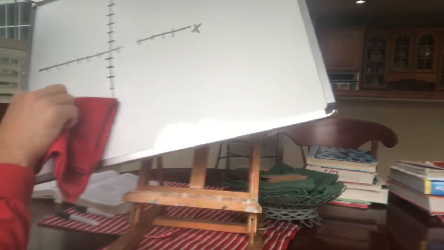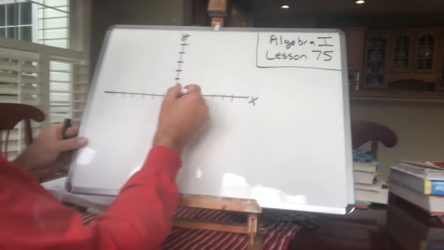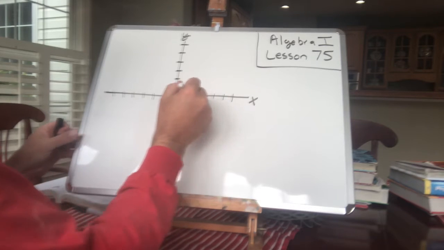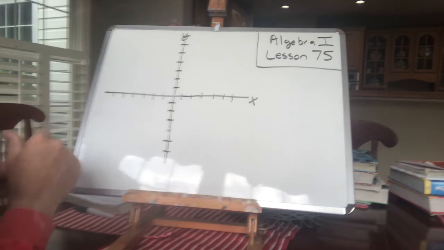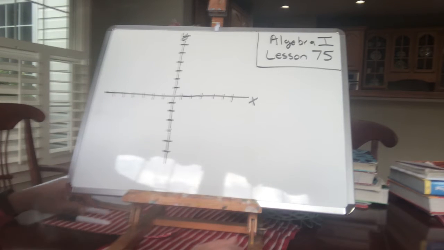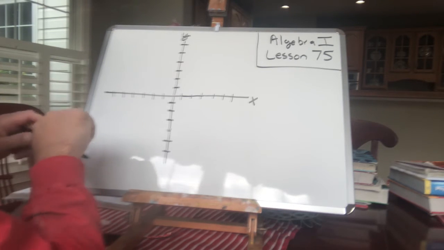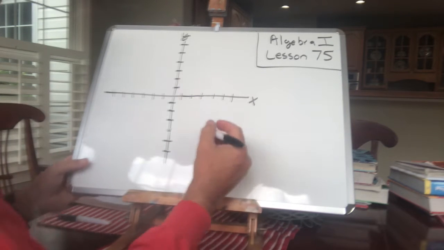And now we're going to get into the equation of a line and talk about the slope-intercept. Specifically, first we're going to talk about the intercept.